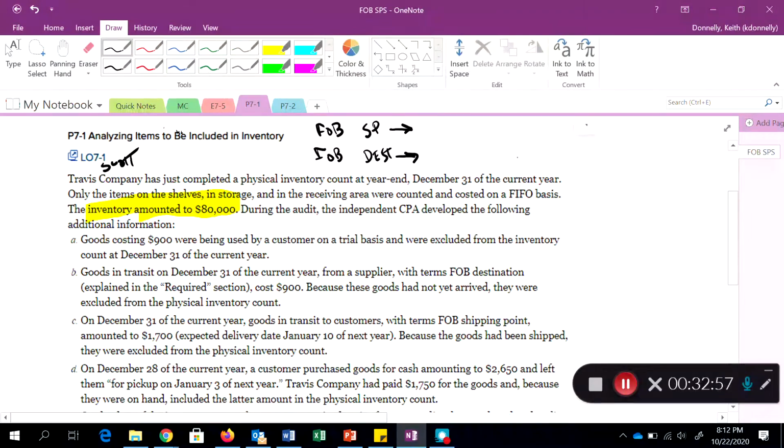From a seller's point of view, what this means is at FOB shipping point, we sell something from a distance. We got the business right here, right? They go to the post office and say, here, we ship the goods.